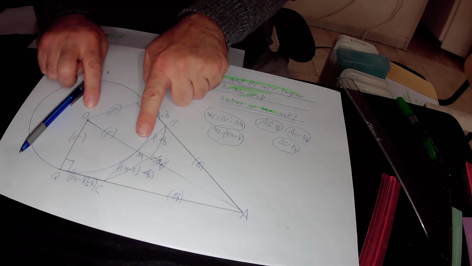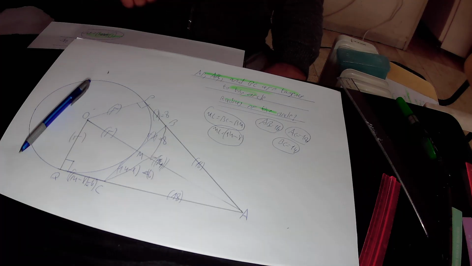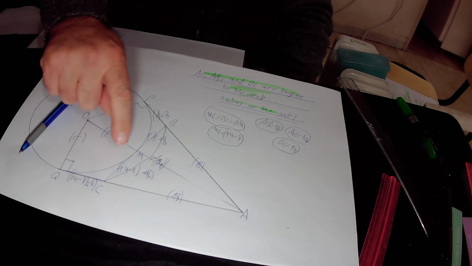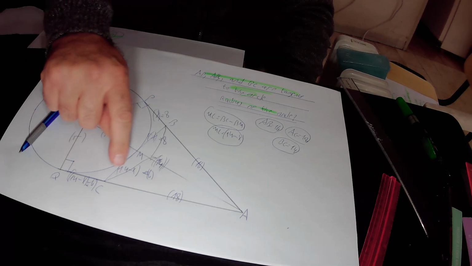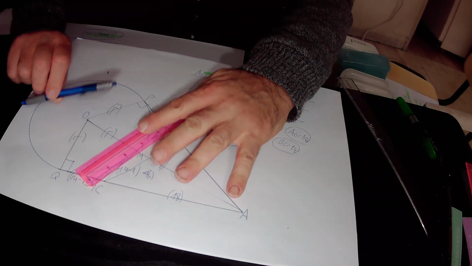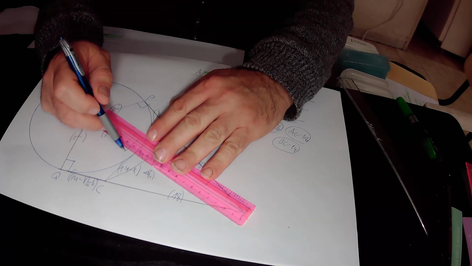The radius OM is drawn to point M, that is the point of tangency of BC with this circle. And whenever a radius is drawn to the point of tangency, then tangent BC will be perpendicular to the radius MO. If BC is perpendicular to MO, it means that this angle equals 90 degrees in size. And this angle also equals 90 degrees.